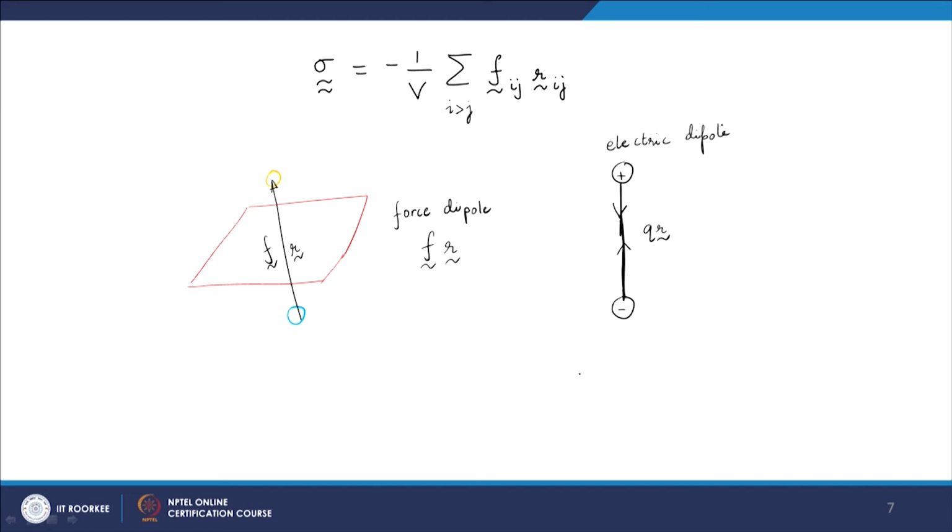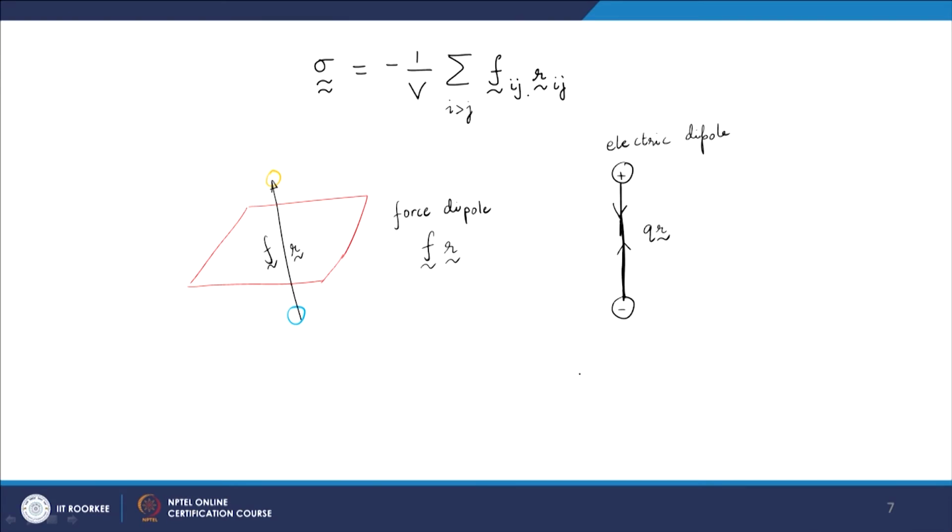The other thing to note here is that there is no dot or cross between F and R. They are forming a dyad because sigma is a tensor. If I dot F and R, we will get a scalar. We do not want that. Even if we cross it, we will still get a vector. We want to get a tensor. So it is like FR, and it perfectly came in terms of indices i and j. Although they are repeated, they are not in opposite order.